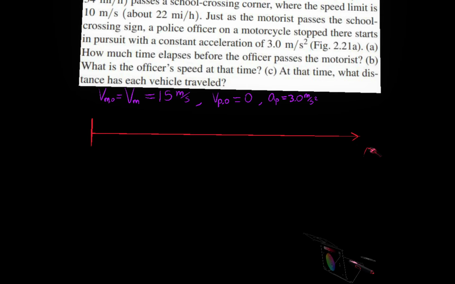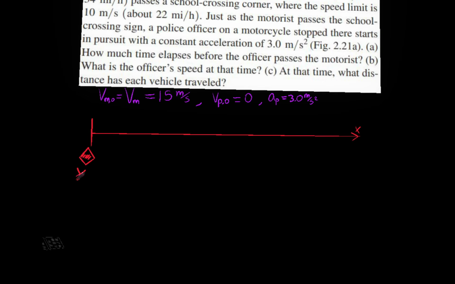And since we'll refer to position as x, we're going to call that the positive x direction, right? So we have here a school crossing sign. I'll put that here. A little crosswalk, yeah? Maybe that makes some sense. And that's going to be, for us, x equals 0.